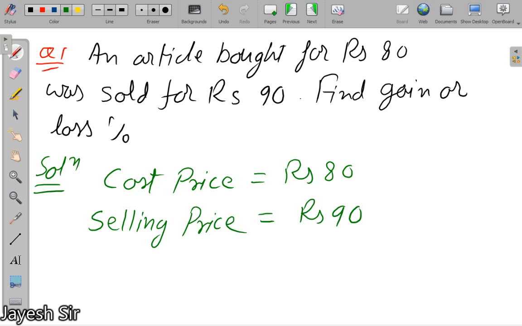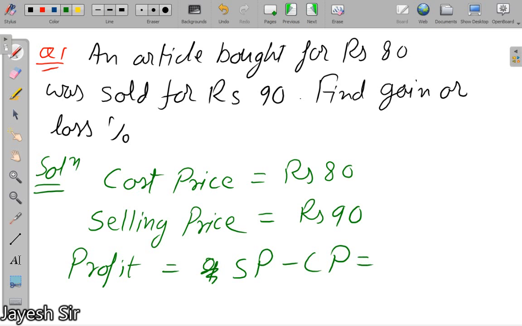Now here we can see selling price is more than cost price, therefore the person is at a profit. Profit is equal to, let me write down the formula first, SP minus CP, that is 90 minus 80. So the person is having a profit of rupees 10.